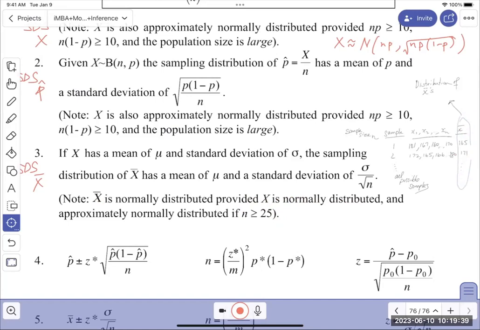A very important assumption. It has an important name. Not an assumption, but an approximation that has an important name. What's the name of that theory? You guys didn't get this far?